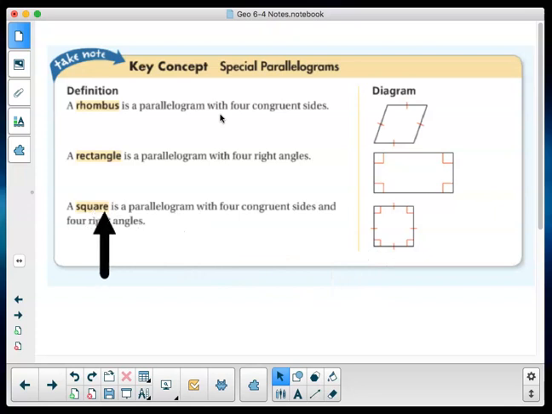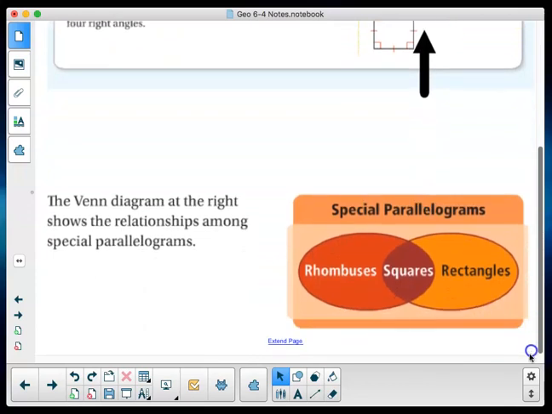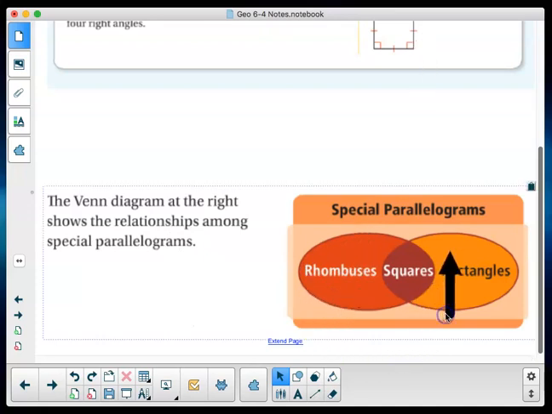Well, if I have four congruent sides and four right angles, remember it has to have both, then I can call it a square. So really, when you look at this, a square can be classified as a rectangle, and a square can be classified as a rhombus. So when we look at this as a Venn diagram, the Venn diagram at the right shows the relationship about special parallelograms. All rhombuses are here. All rectangles are here.